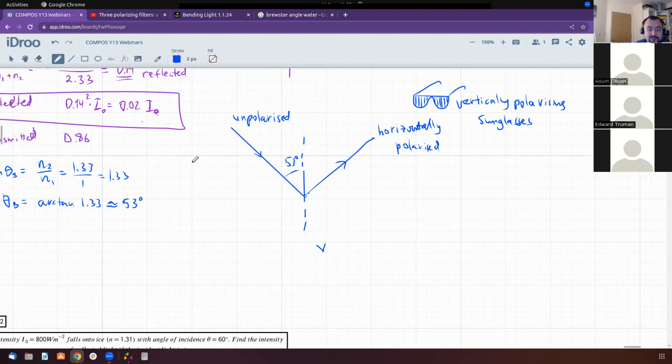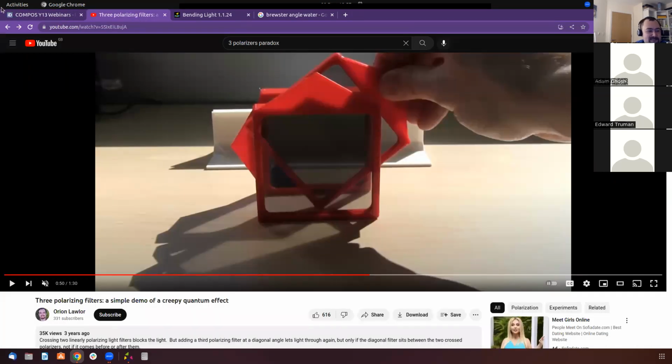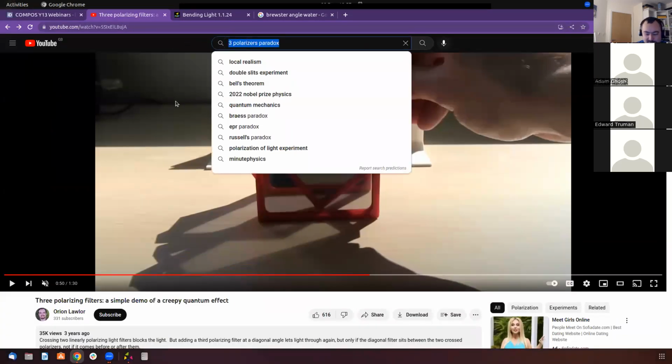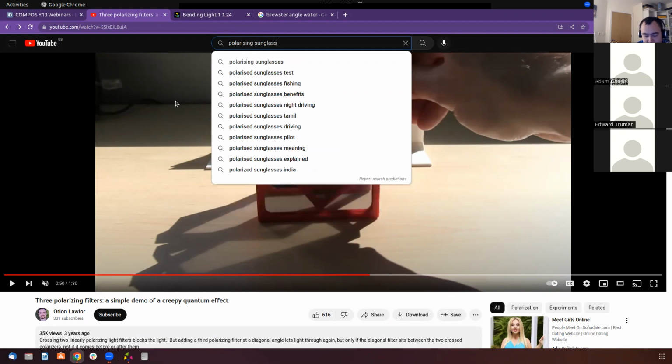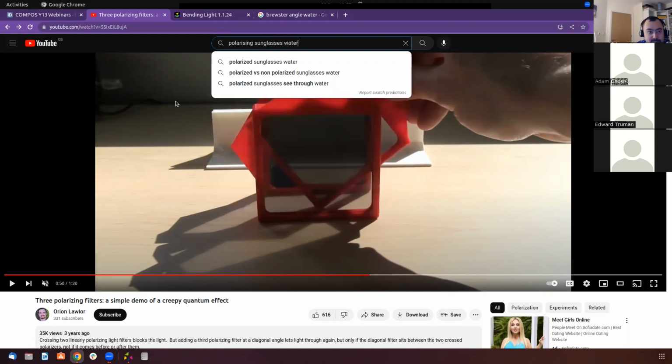If the water is clear, of course. I don't think I've ever fished in a lake that was so clear that you can actually see through it. But yeah, you can see polarizing sunglasses, water.